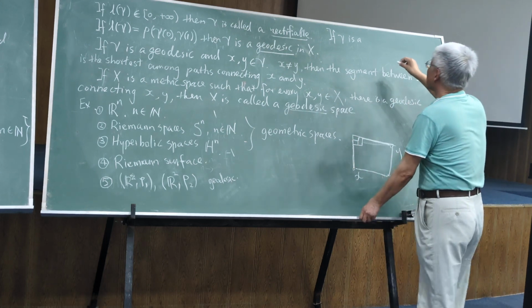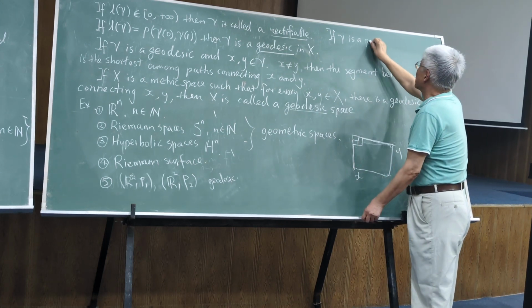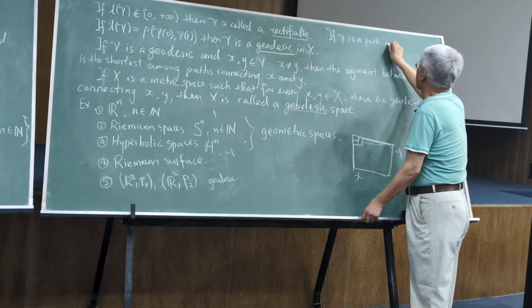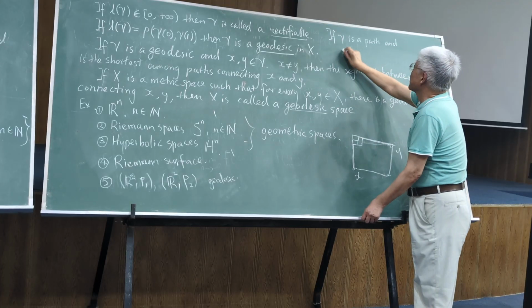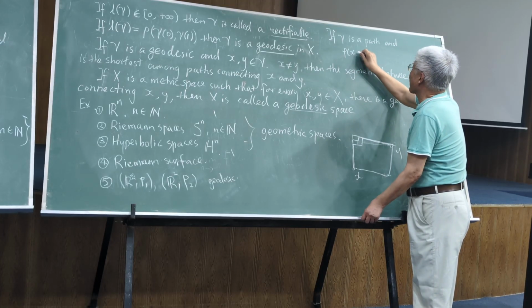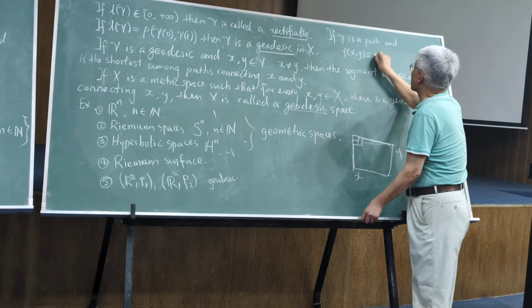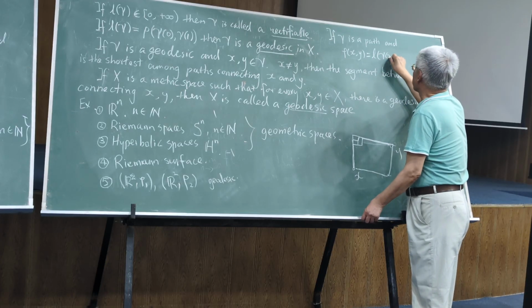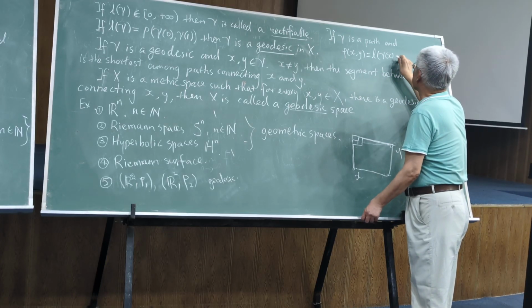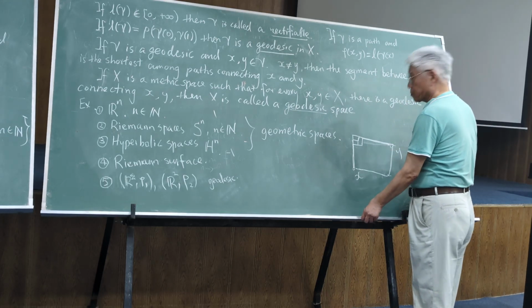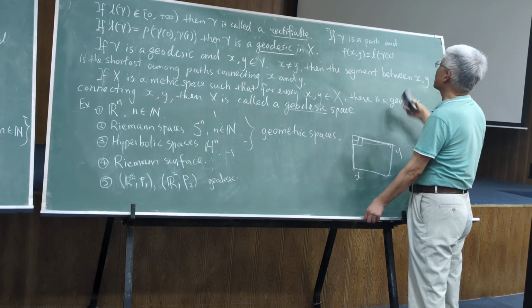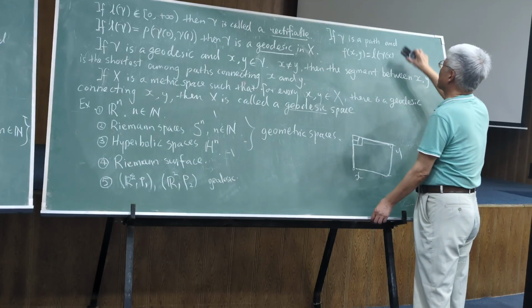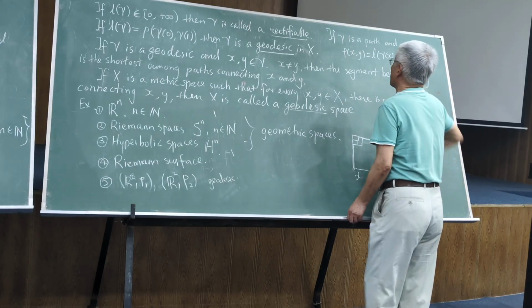Gamma is a path and rho(x,y) is equal to L of gamma. Let x, y be any two points.